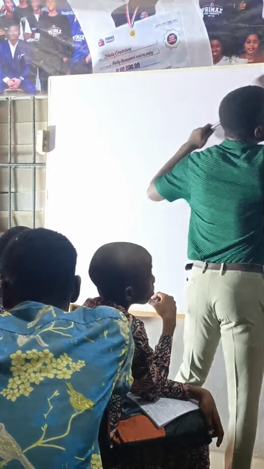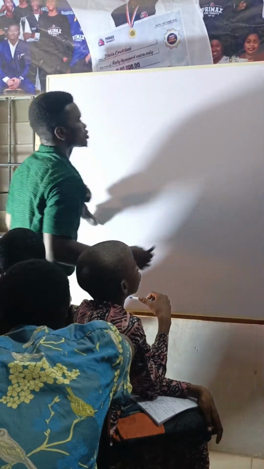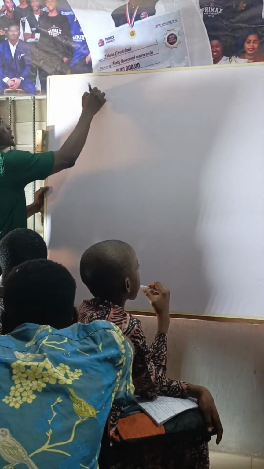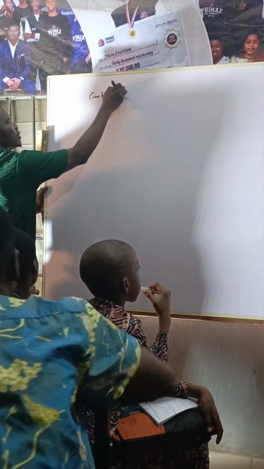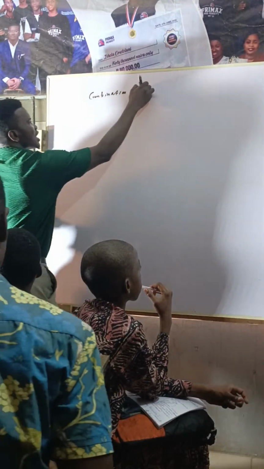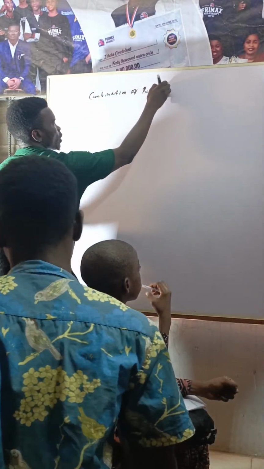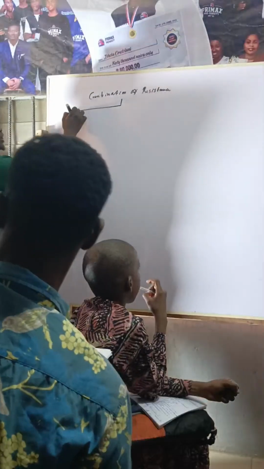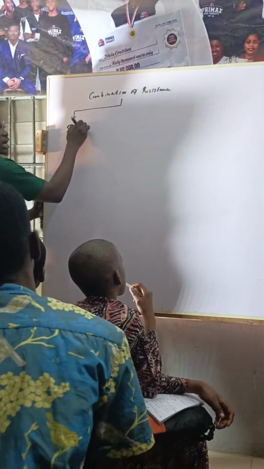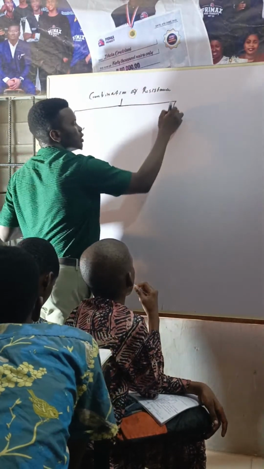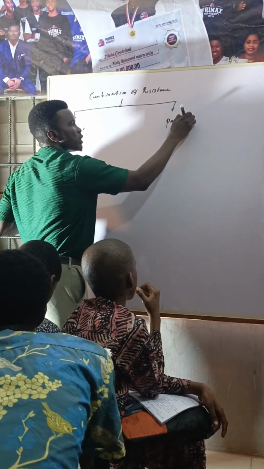Let me just quickly round it up. So for combination of resistance, you can also connect resistors in series. I'm not going to derive this one for you. And you can also connect resistors in parallel.